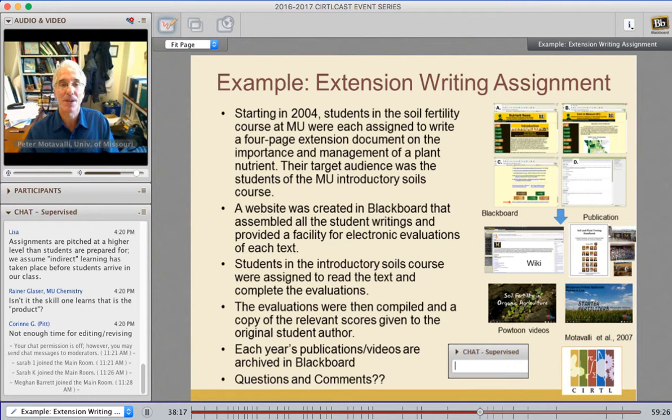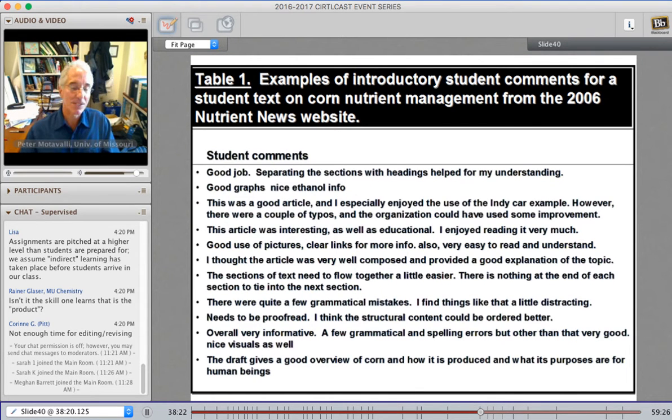Now, I wanted to talk about another example of some of the feedback that the students gave for the extension pieces, and I was very concerned that there might be some negative feedback that would be sort of destructive and not constructive.